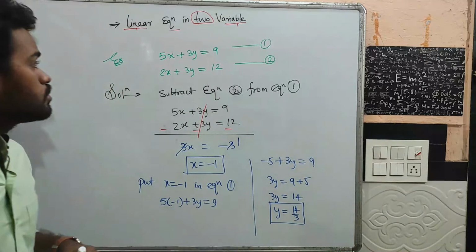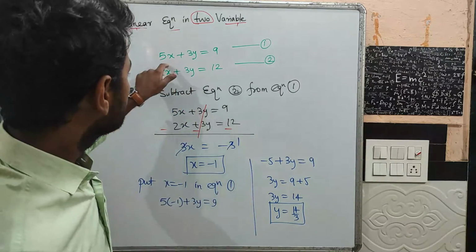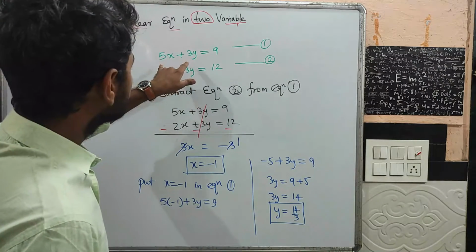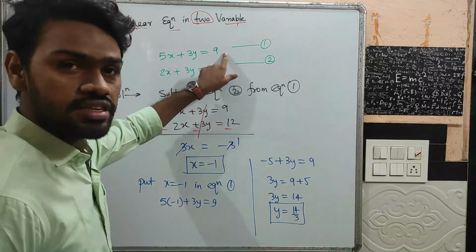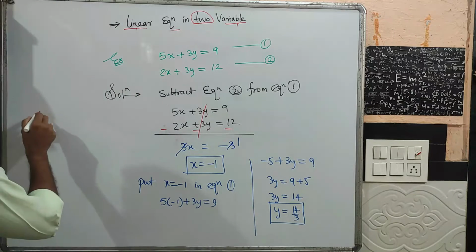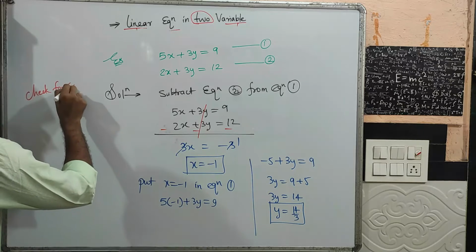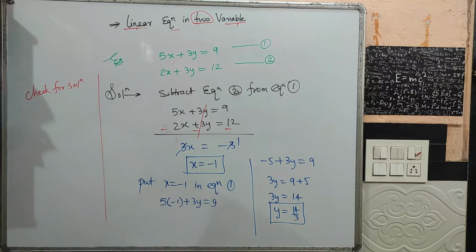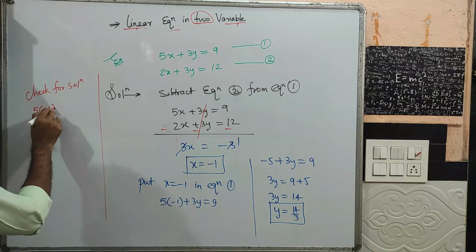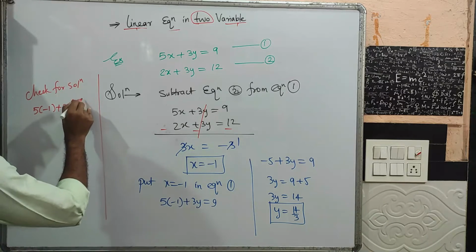How do we know whether our solution is correct or wrong? Let's check it. If we substitute the values on the left hand side and get the right hand side, then our solution is correct, otherwise it might be wrong. So let's check the solution. x equal to minus 1, so 5 times minus 1 plus 3 times y, and y is 14 upon 3.